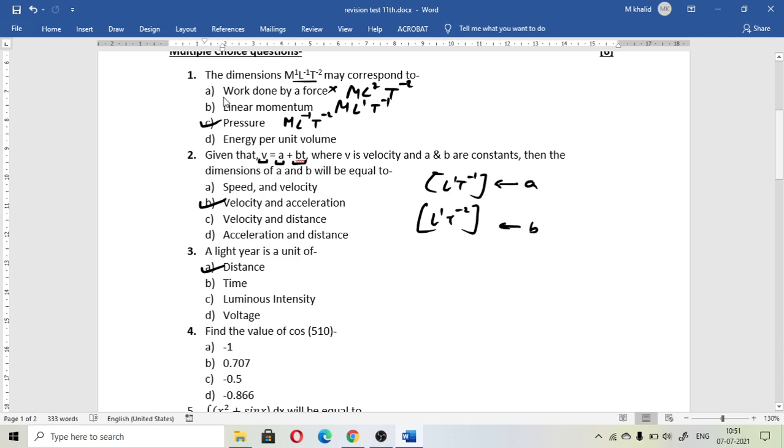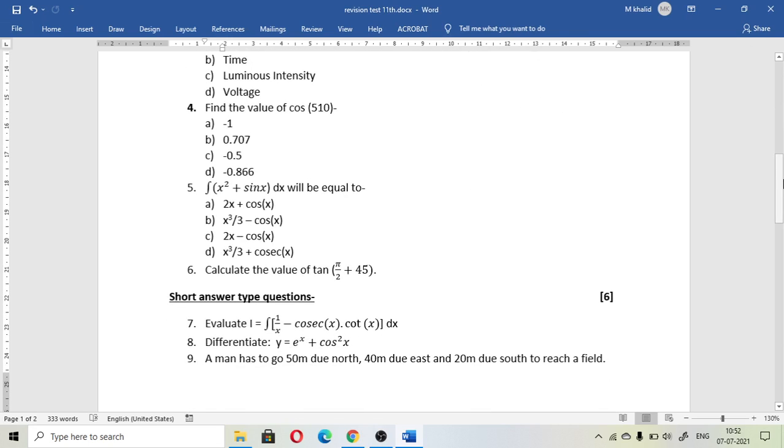Find the value of cos 510. So cos 510, how do we solve that? We have to break it in simple form so that we can find it out. First of all, we know the value of 360, and after 360 if we add 90 to it, then it becomes 450.